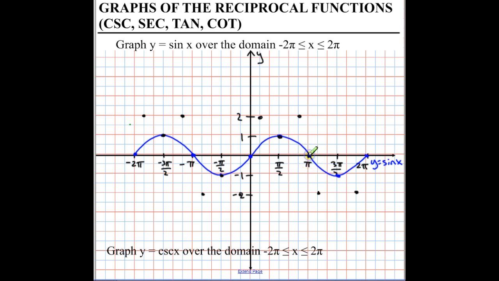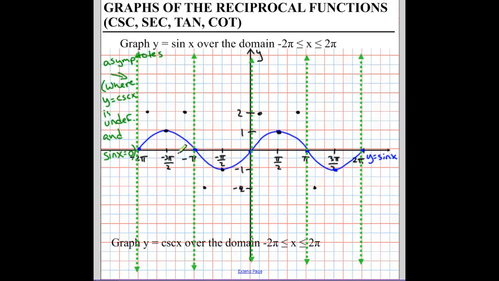Now, another thing that's easy to take the reciprocal of, it's just not easy to conceptualize, is the reciprocal of 0. When you think about what happens if you take 0, make it into a fraction like 0 over 1, and then flip that fraction, you get 1 over 0. And you learned a long time ago that anything divided by 0 is undefined. So the way we represent that is with a vertical asymptote. You've seen asymptotes in your log functions and in your exponential functions.